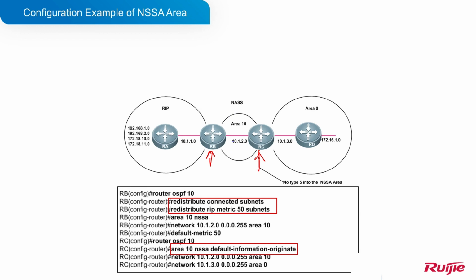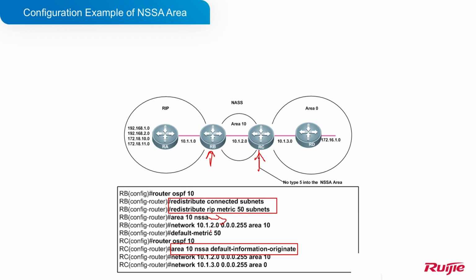And for this area, we have to use the area 10 nssa command to set the RB device to become part of the NSSA area. Of course, we have to set the same command on the RC device. We also have to use the area 10 nssa information.